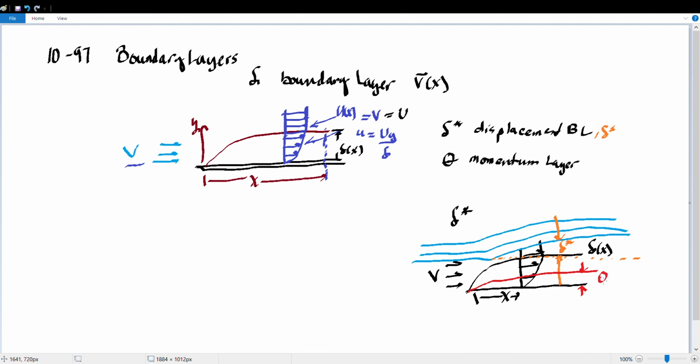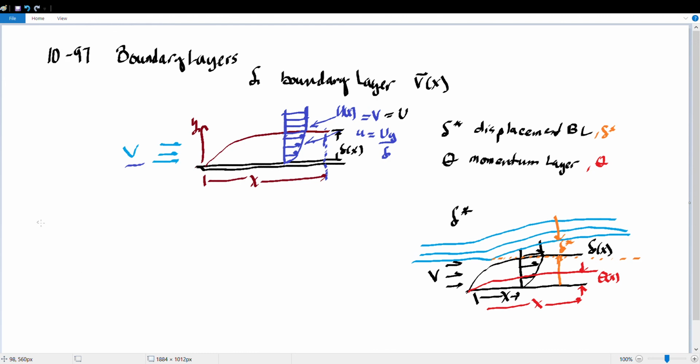It's given some value theta, theta sub x, so it's a function of x as well. It has to do with the momentum changes caused by the boundary layer. It's always less than the velocity boundary layer, just keep that in mind. So these are the things that we're trying to calculate.